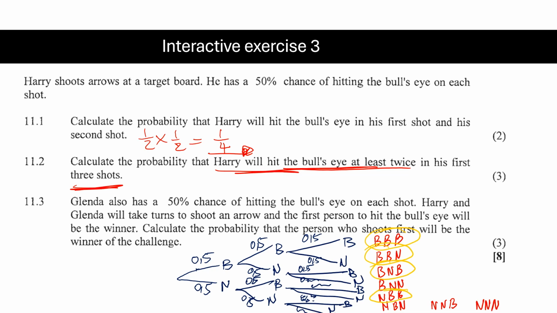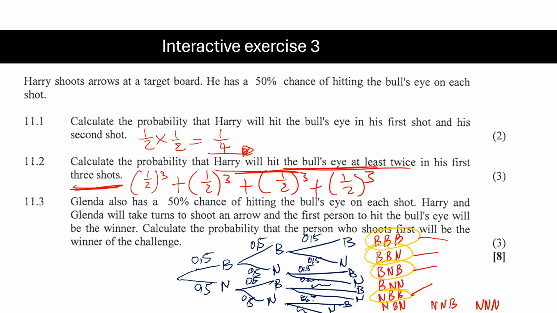So you can just add up their probabilities. For each outcome, the probability is 1 over 2 exponent 3, plus 1 over 2 exponent 3, plus 1 over 2 exponent 3, plus 1 over 2 exponent 3, because there are 4 of them.